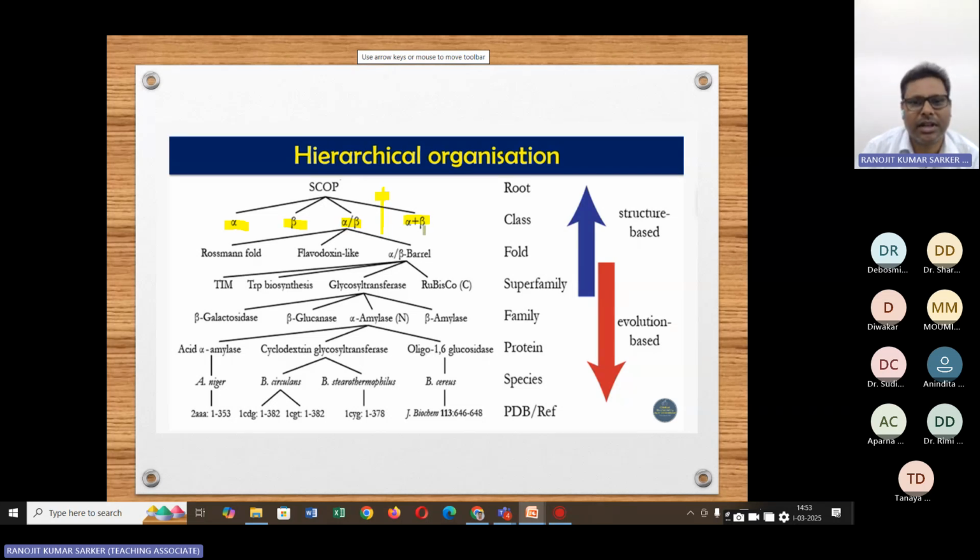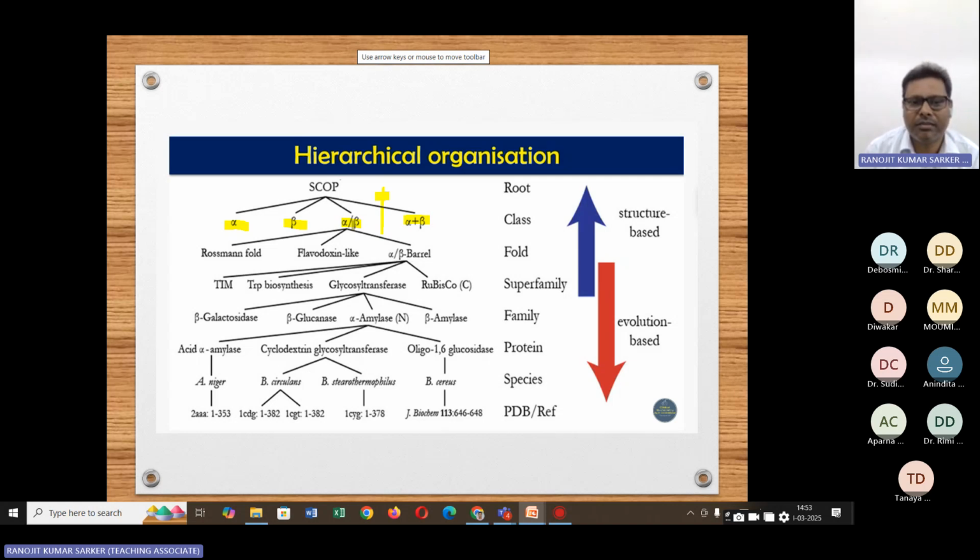Now, what is the difference? That is the point. If it is alpha by beta, all the alpha and all the beta will form separate layers. That is the topology: all the alpha present in this structural type will form a particular layer of alpha, and the beta will form a particular layer of beta.